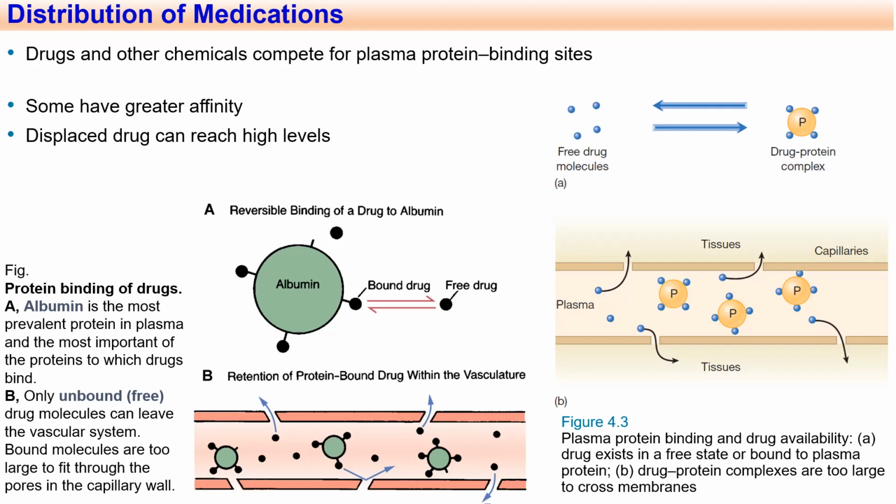Drug-drug and drug-food interactions may occur when one drug displaces another from plasma proteins. Binding to the protein means affinity, so some have greater affinity, and the displaced drug can reach high levels, which will produce adverse effects and in some cases be toxic.